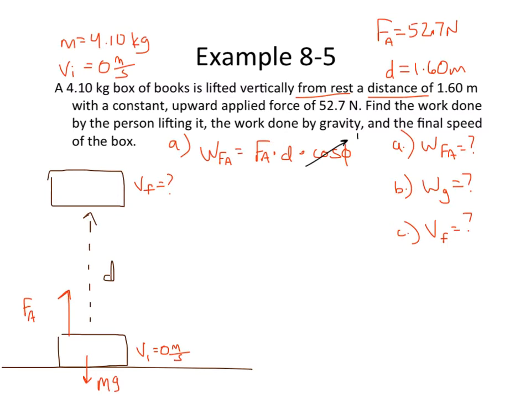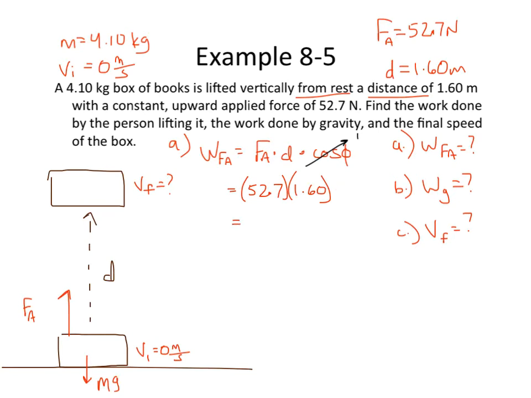Well, let's find our work caused by the person applying the upward force. What's our applied force? Our applied force is 52.7 newtons, times what? What's our d? Our distance d is 1.60 meters. I'm not sure I'll have enough space to write that over to the right, so I'll write it below.